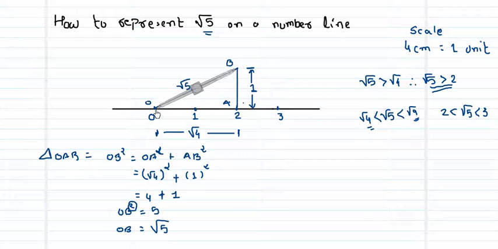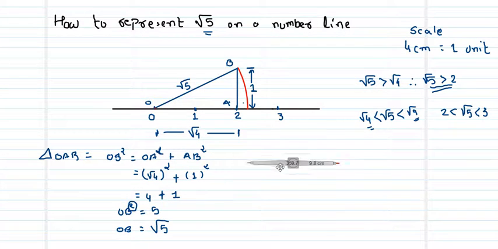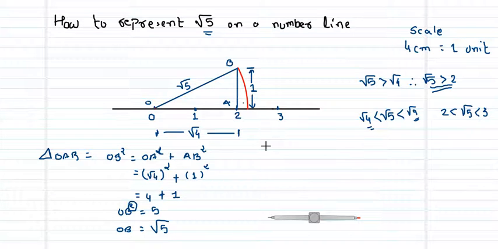Just set the point of your compass to the origin, adjust the length of your compass to exactly this side, that is OB, that is root 5, that is the hypotenuse, and then draw the arc. That's it. This point is root 5.